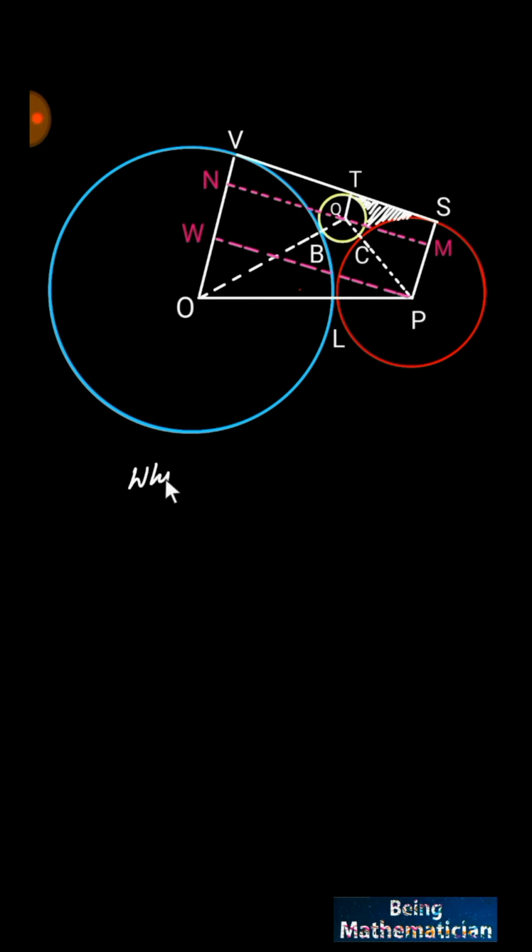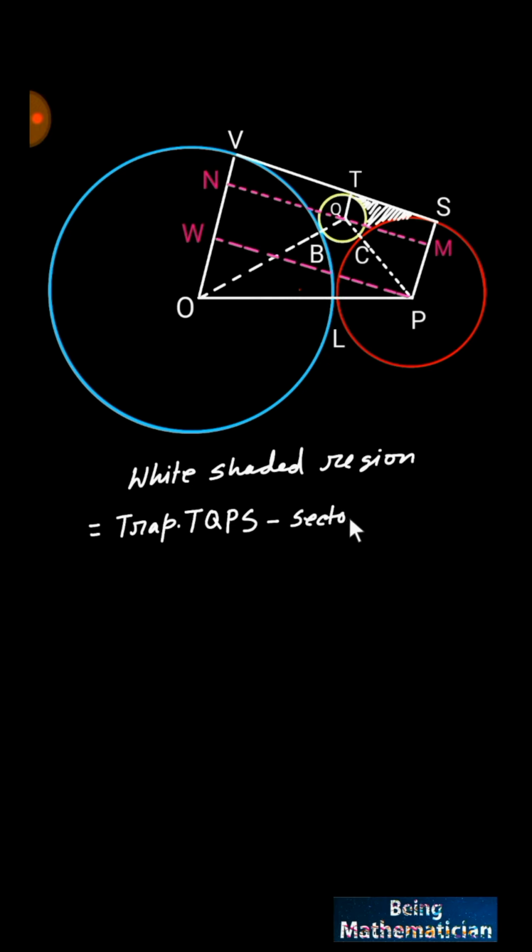So the white shaded region is equal to trapezium TQPS minus the sector TQC minus the sector CPS.